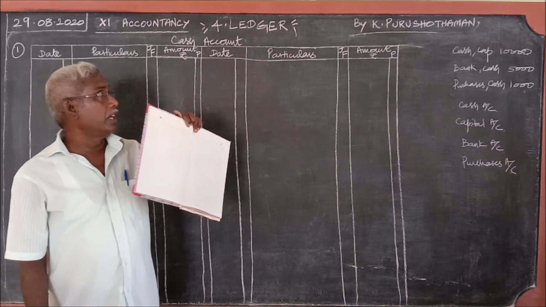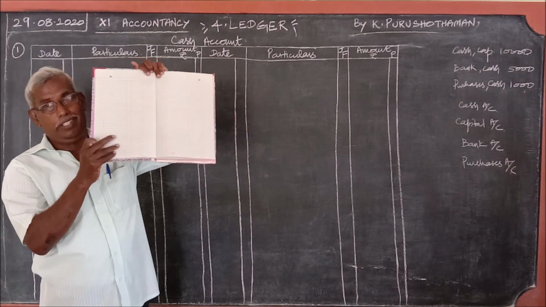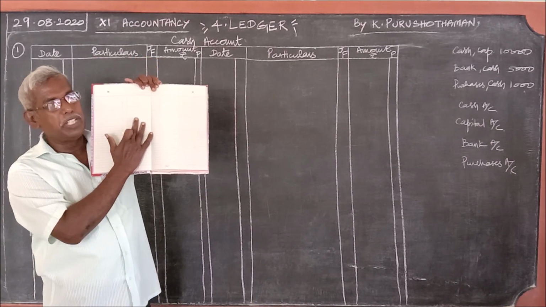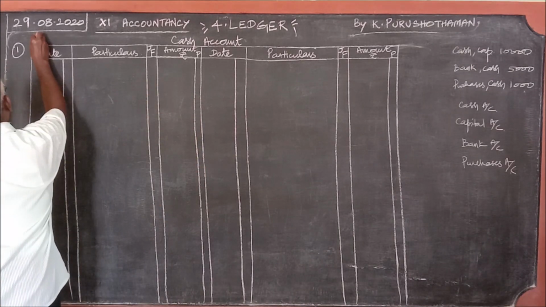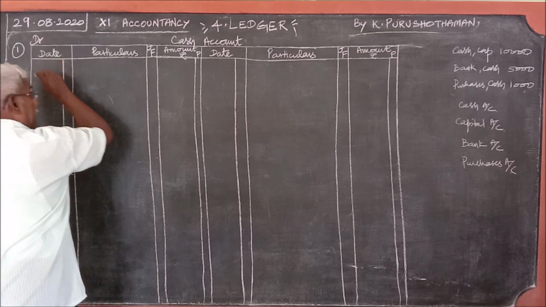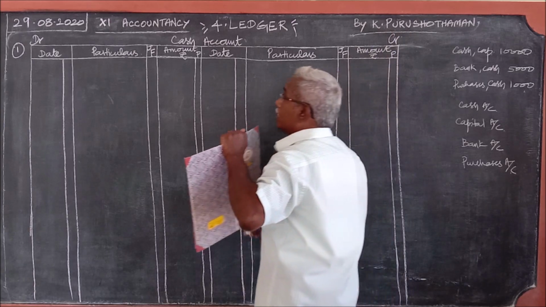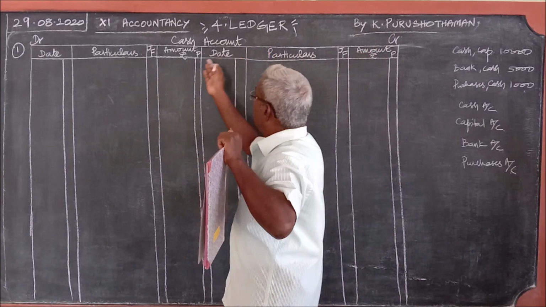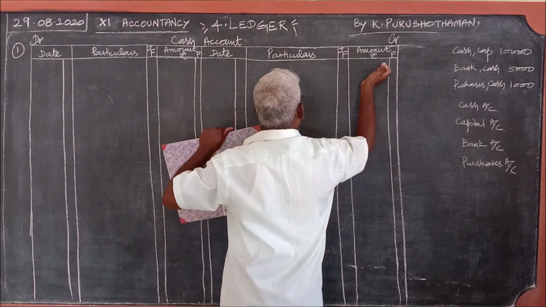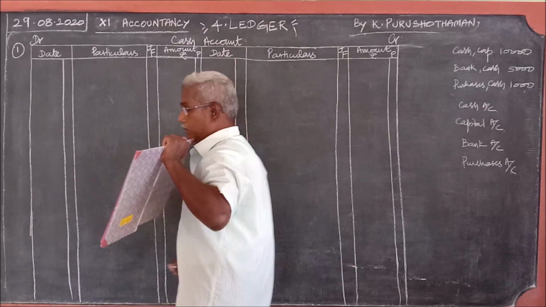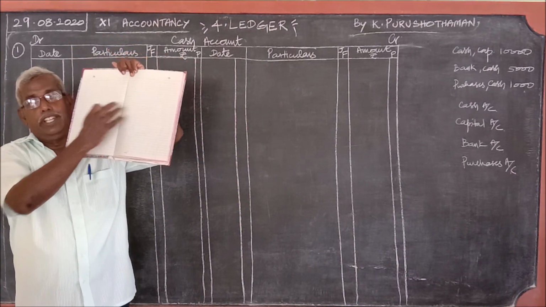Whereas for the preparation of ledger, you should use both the sides. So this side is the debit side, this side is the credit side. That is why in ledger we write DR, debtor, and in this corner CR, creditor. That represents that this is the debit side, the debtor side, and this one is the credit side, creditor side. You should remember. So you must use the notebook for ledger, both the sides.